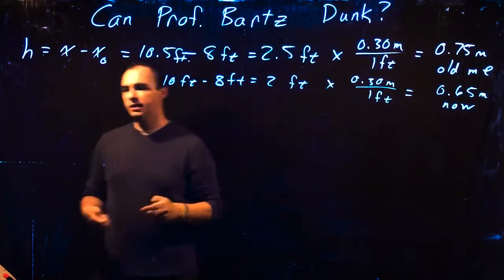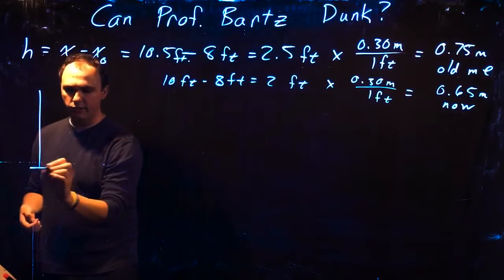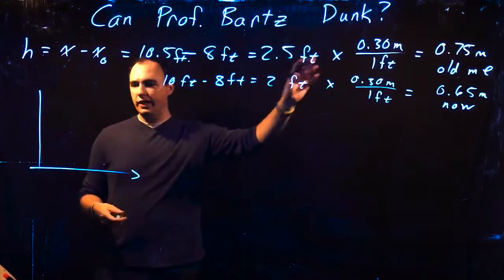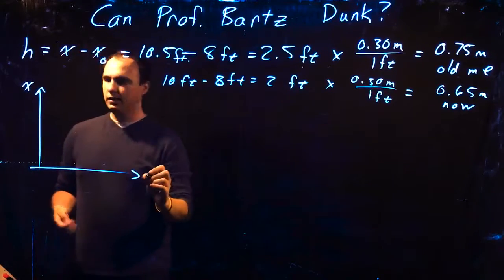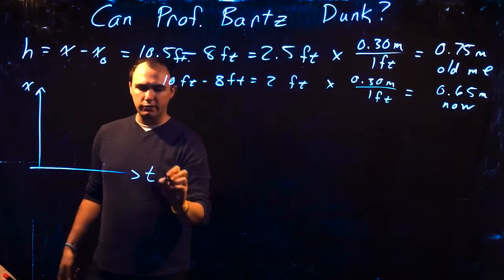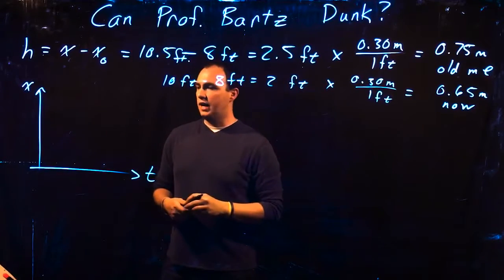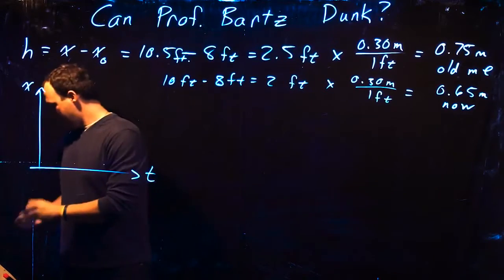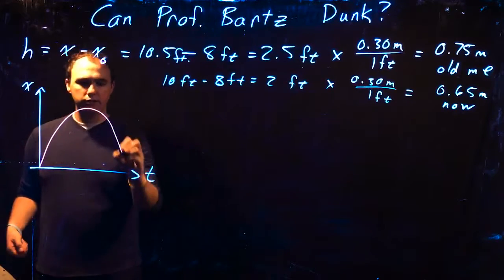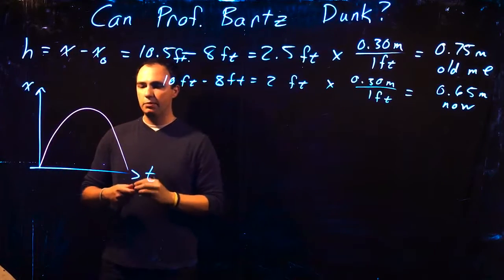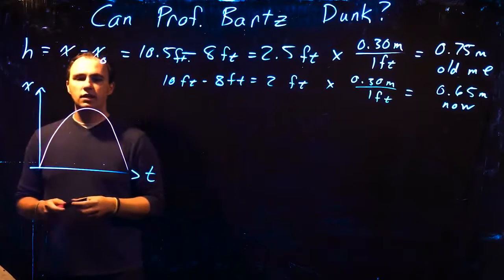If all we know is the height that is reached, okay, so we got 2 different heights, but we can generalize this, right? So if I plot x, even though it's in the vertical direction, that's fine, x as a function of time, we know that we get definitely parabolic motion, right?